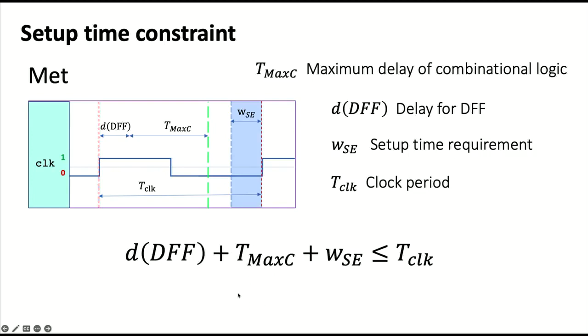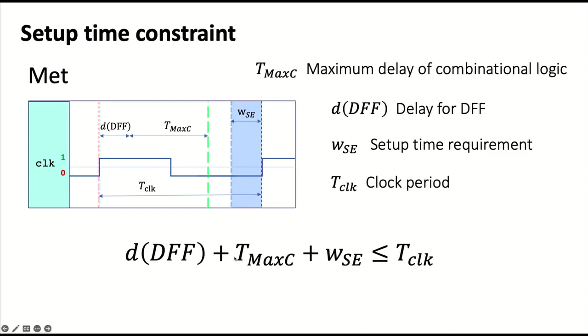Somebody might give you three values and ask what the fourth is. Sometimes you know what your combinational logic delay is, and then you can figure out the fastest clock speed you can run at, the smallest clock period.